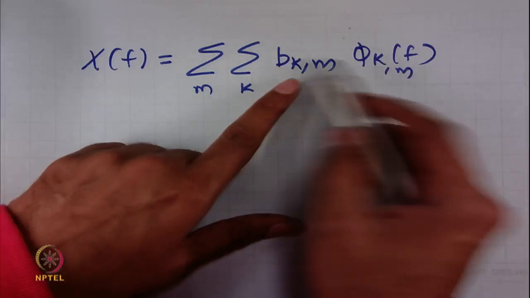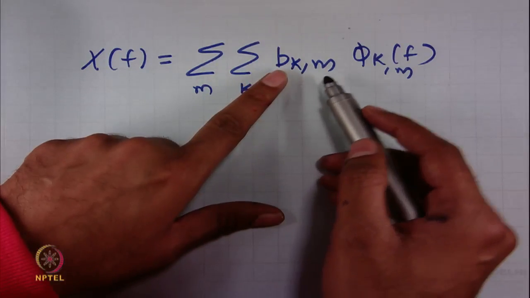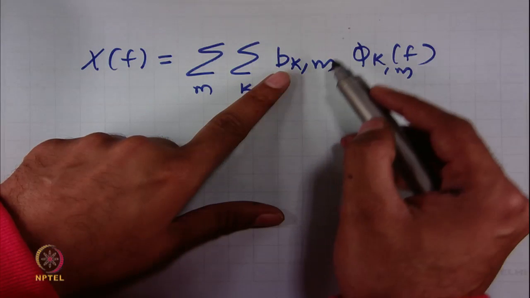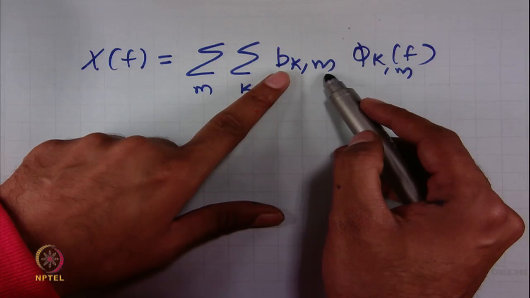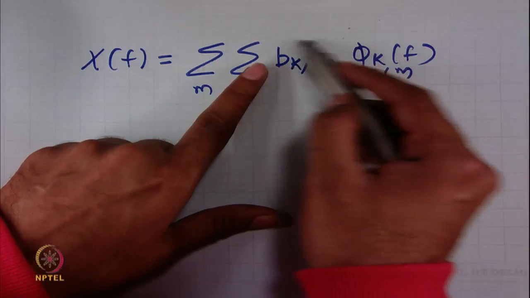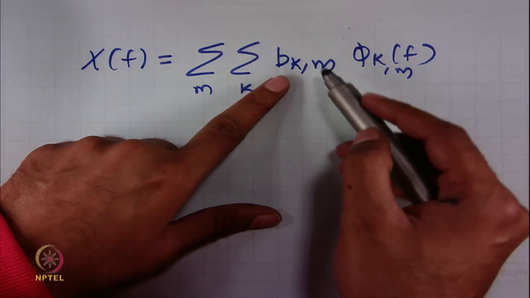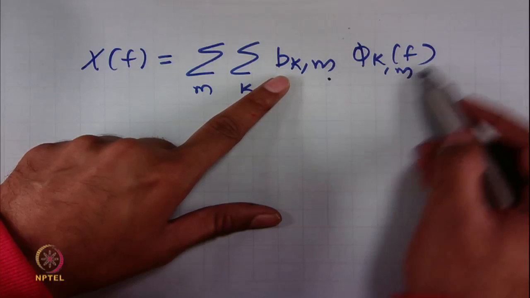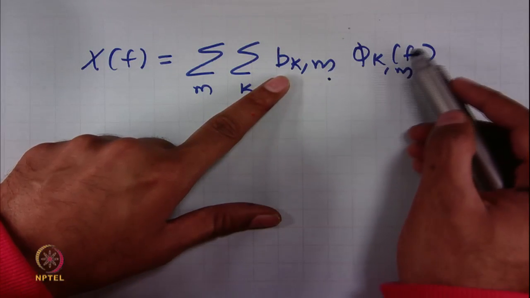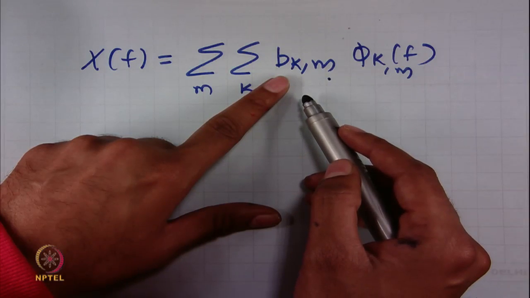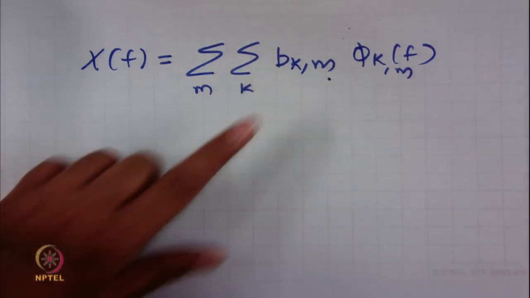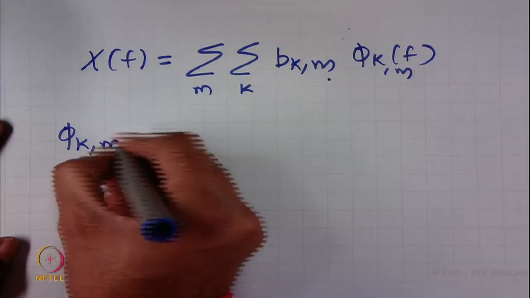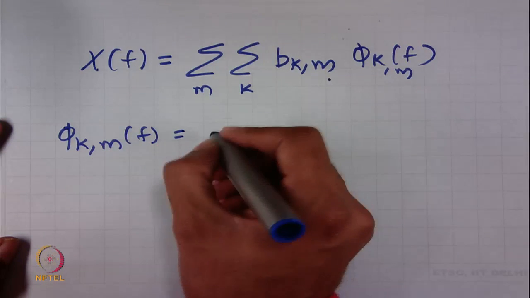Because we are using a double sum, we have the coefficient with 2 subscripts. The m subscript tells me that these b_km are the coefficients corresponding to the mth segment, and similarly phi_km tells me that this is the orthogonal function corresponding to the mth segment. So, let me write these phi_km orthogonal functions again.